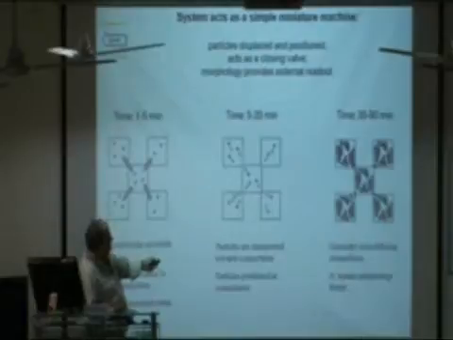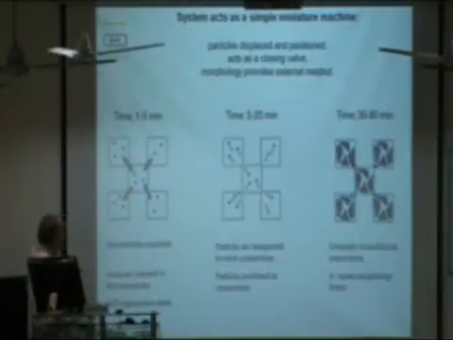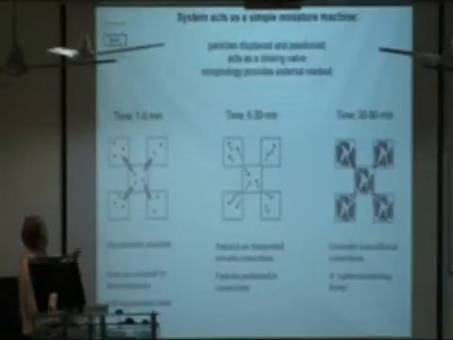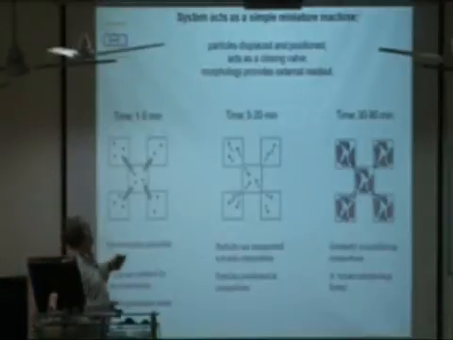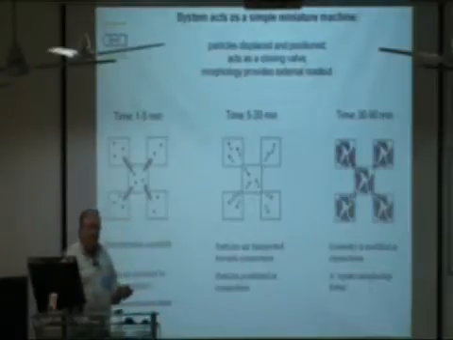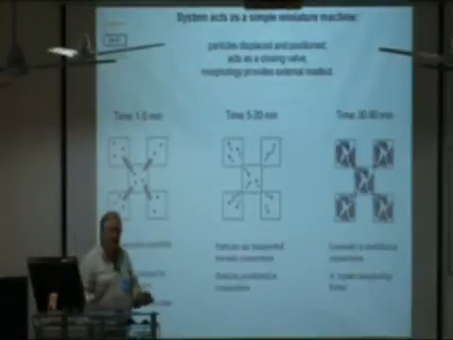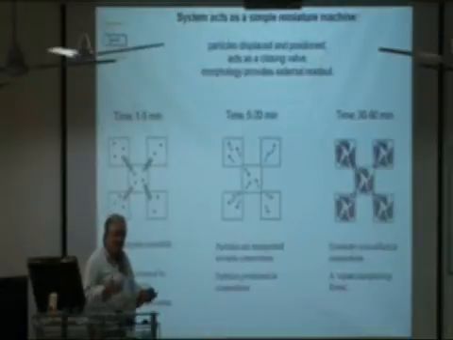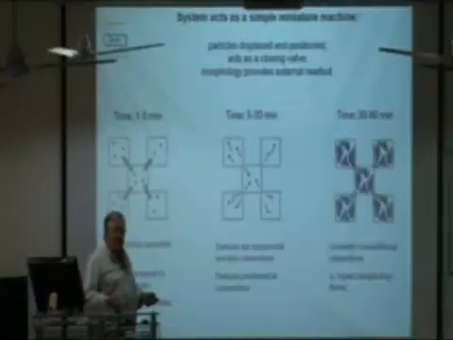And so you see a type of morphology which is characteristic of isolated squares rather than connected squares. Here we have a very simple machine because the particles are displaced in position and the system is acting as a type of valve, and the type of morphology that's being produced is an external readout of what's going on. And this is a very sophisticated behaviour for something which initially just contains 2 active components, tubulin and GTP.